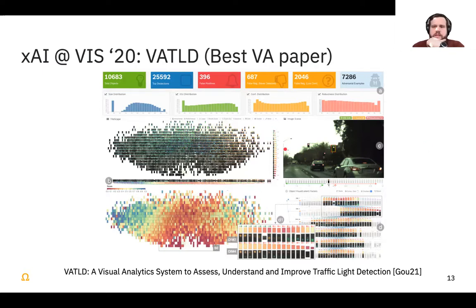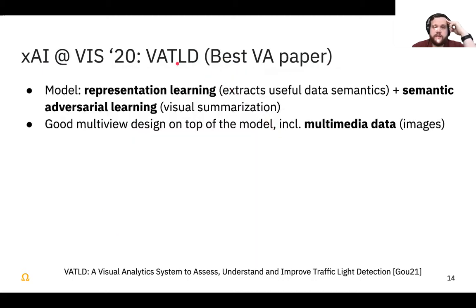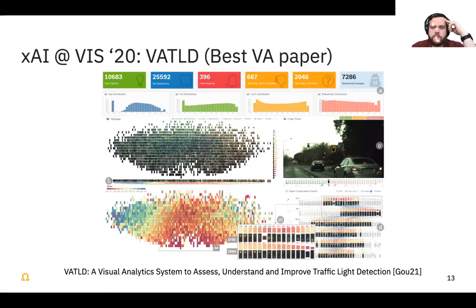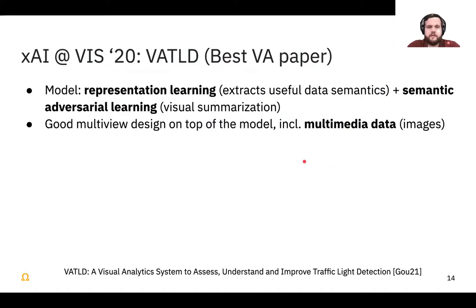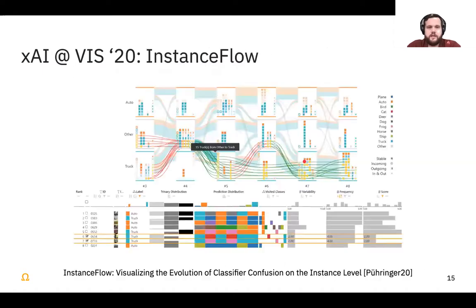But you can do this to kind of fine tune the net and plug in as many holes as you can, basically. So VATLD should allow you to do general diagnostics of your model better than you would do with just trying out adversarial examples, retraining the net, and kind of shooting in the dark. So best VA paper for the last conference.